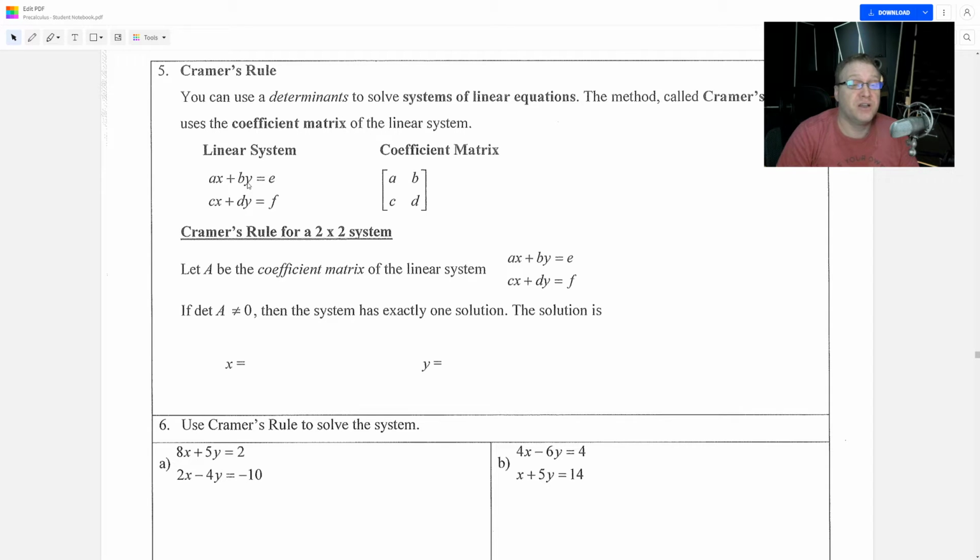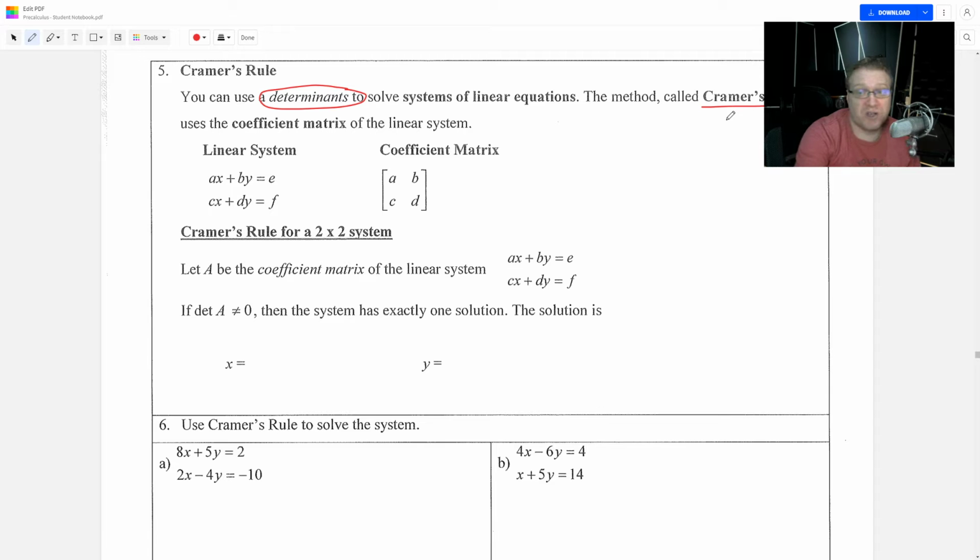We're going to do that using something called Cramer's rule. Cramer's rule is just a way that we can use the determinants to solve for x and y in this equation.